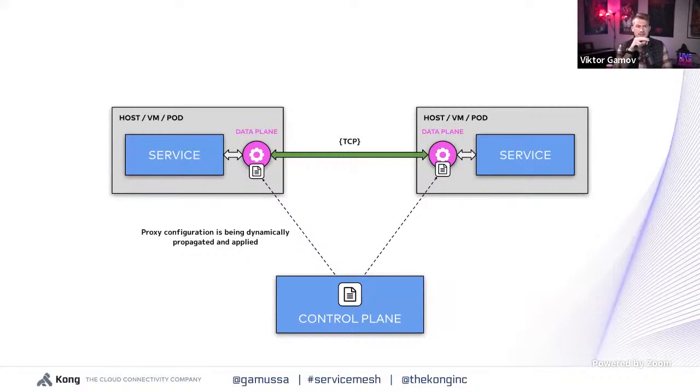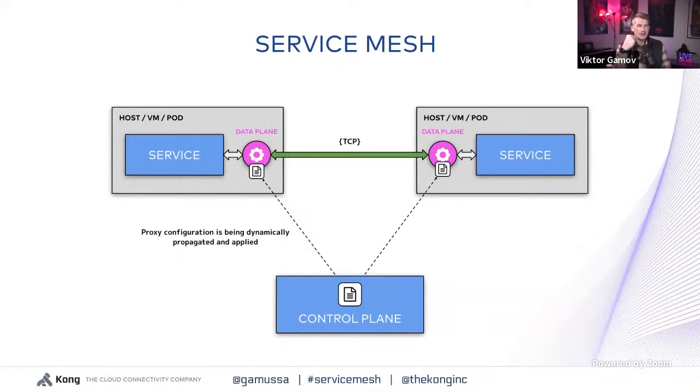Since the control plane is not on the path of the request, it is not a single point of failure. Your data planes will be operating on the old configuration if the control plane is down. Once the connection is restored, your data plane will get the updated configuration and everything will be nice and fine. And this is how we basically invented a service mesh.